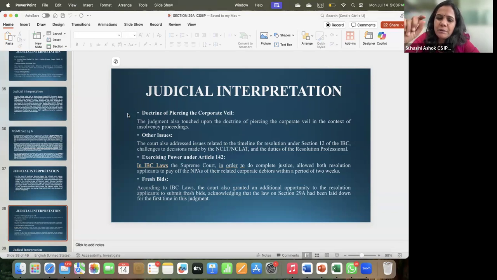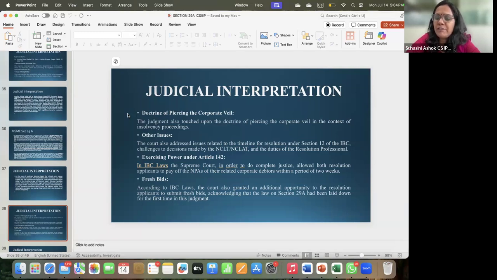So they asked for some time to pay off the NPA and get the qualification. After they came out of this NPA disqualification, they were qualified to submit the plan.